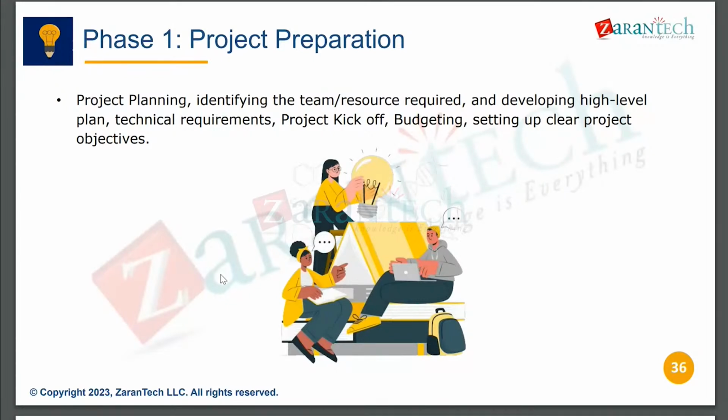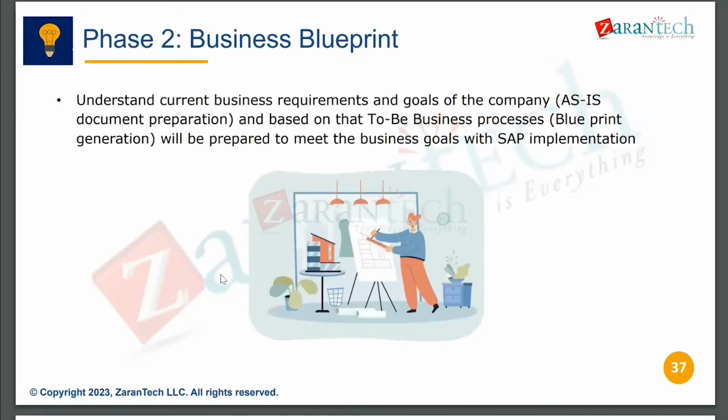Budgeting, setting up clear project objectives, everything will be done in project preparation. Then business blueprint: understanding the current business requirements and goals of the company. As-is document preparation and to-be document preparation will be done, which is presented to the business, and based on the acceptance and sign-off from the business, the implementation phase will start.